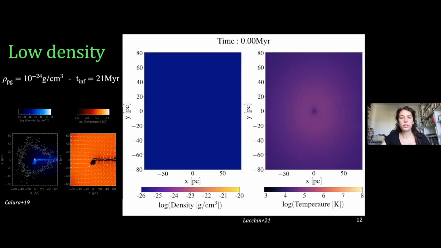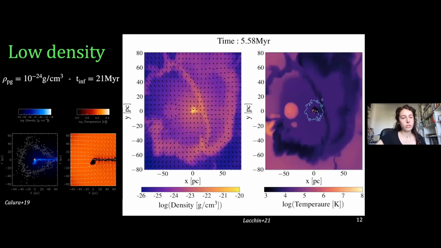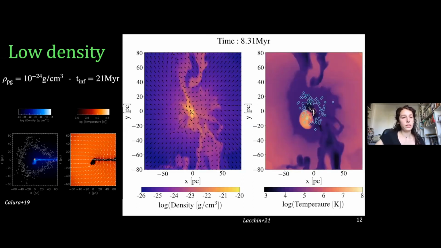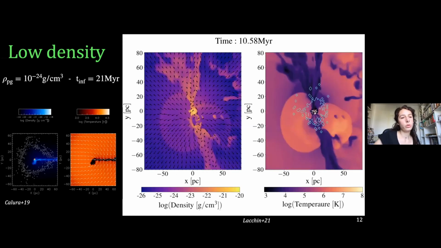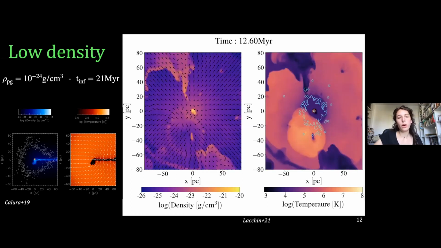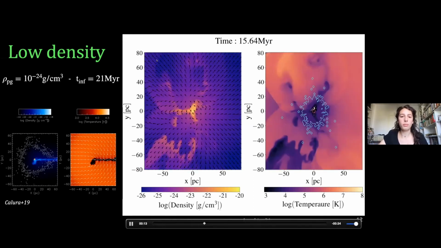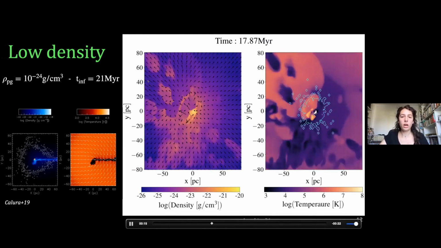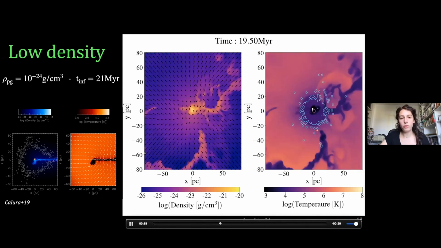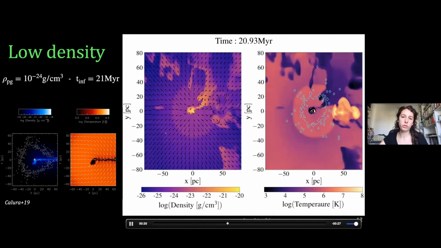Going to the results, here for the low density model, so for a pristine gas density of about 10 to the minus 24 grams per cubic centimeter, the inflow starts at around 21 megayears, and it is coming from this boundary here. However, as you will see, the inflow is not able to reach the central part of the system.